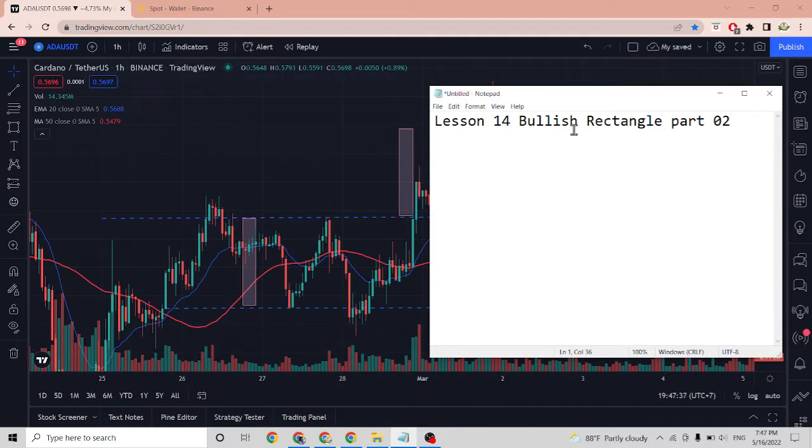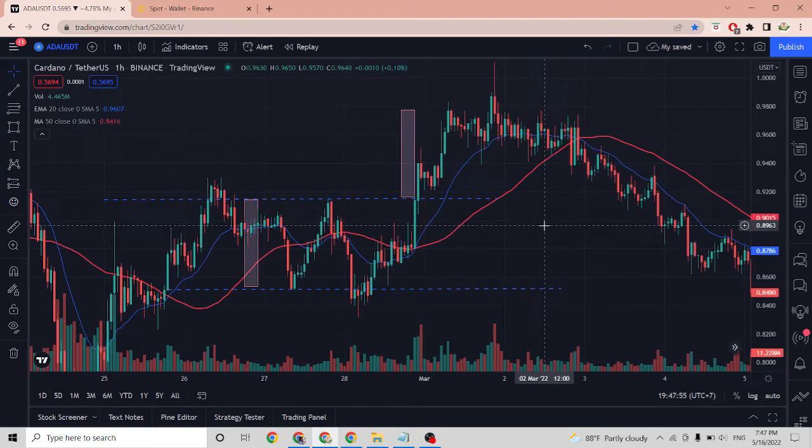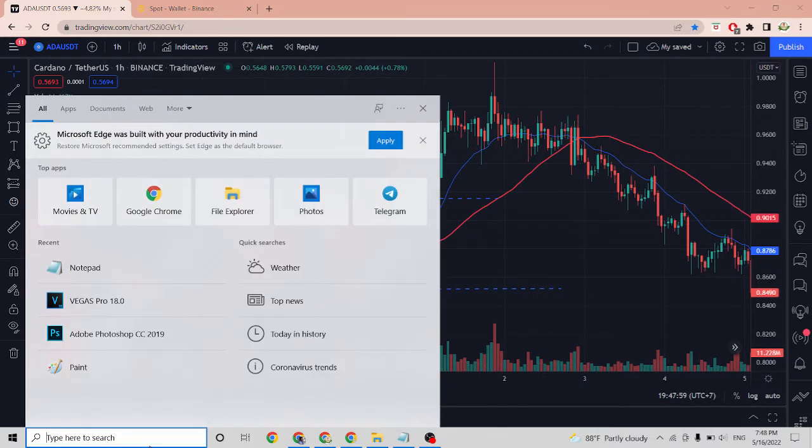Okay, so today we're going to study about the bullish rectangle. What is its benefit, what is its function, and how to use it. This trend happens on sideways.